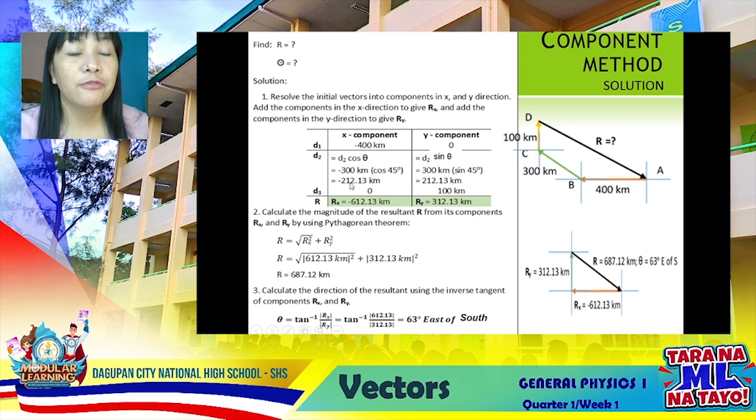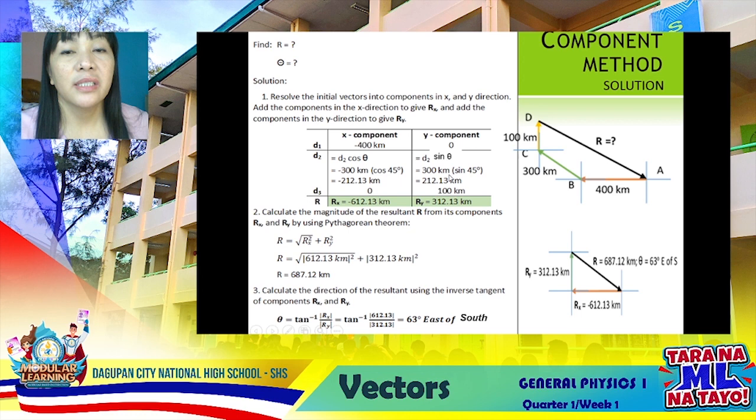While for D sub 2, the y component uses sine because it's the opposite side here. The 300 here is positive because the direction is upward, it's northward. So therefore, the 300 kilometers here is positive times sine 45 degrees. The result is positive 212.13 kilometers.